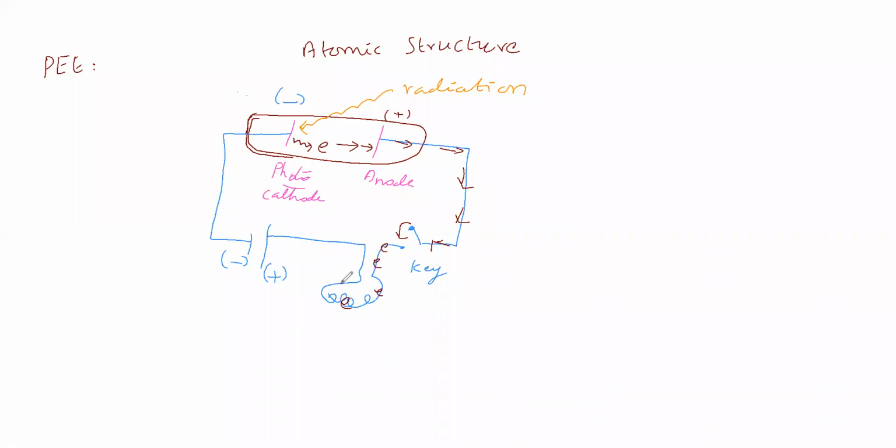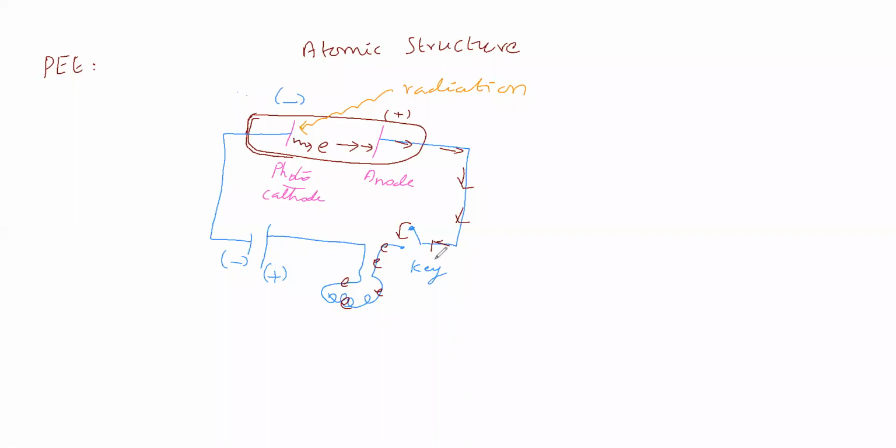Then the electron's kinetic energy becomes low, and it comes like this and reaches this place.